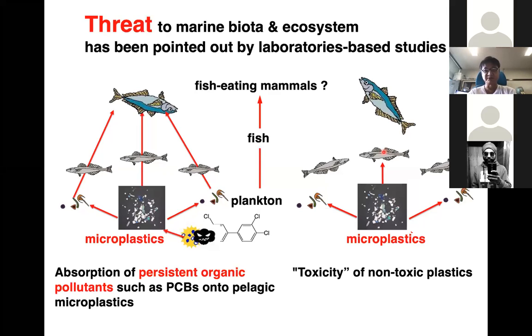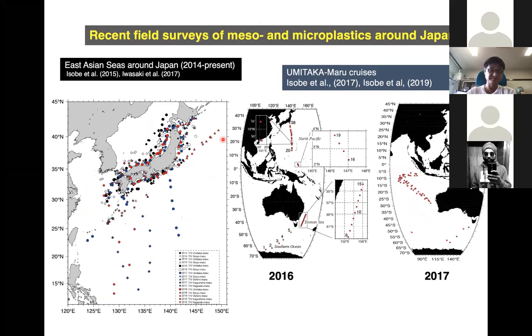Many laboratory-based studies pointed out these threats of microplastics. The important thing is to monitor the abundance of microplastics in the actual ocean, to investigate whether or not microplastics in the natural environment may threaten marine biota in nature.